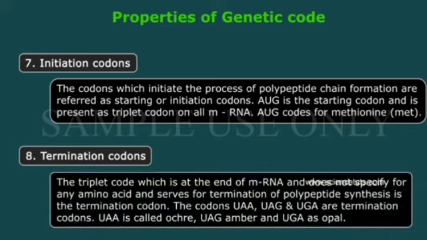The triplet code which is at the end of mRNA and does not specify any amino acid serves for termination of polypeptide synthesis. The codons UAA, UAG, and UGA are termination codons. UAA is called ochre, UAG amber, and UGA opal.